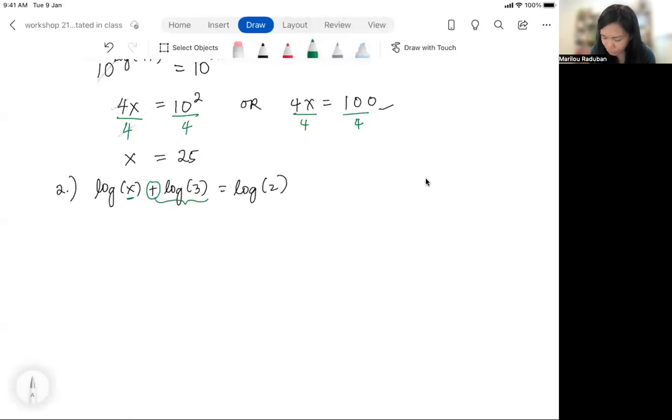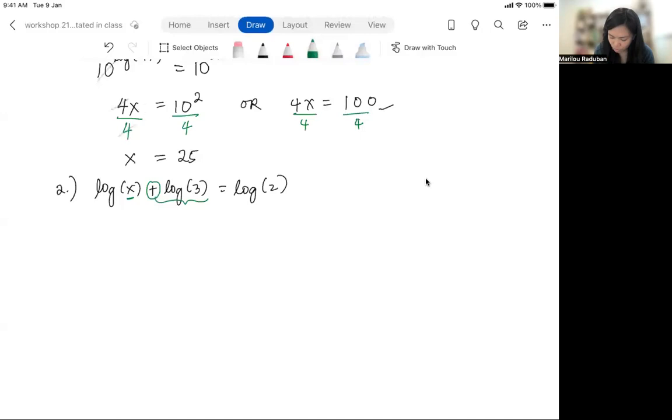So there are two ways of doing this. Log x is being tied to log 3 via this plus sign, so you can get rid of log 3 by doing a subtraction.